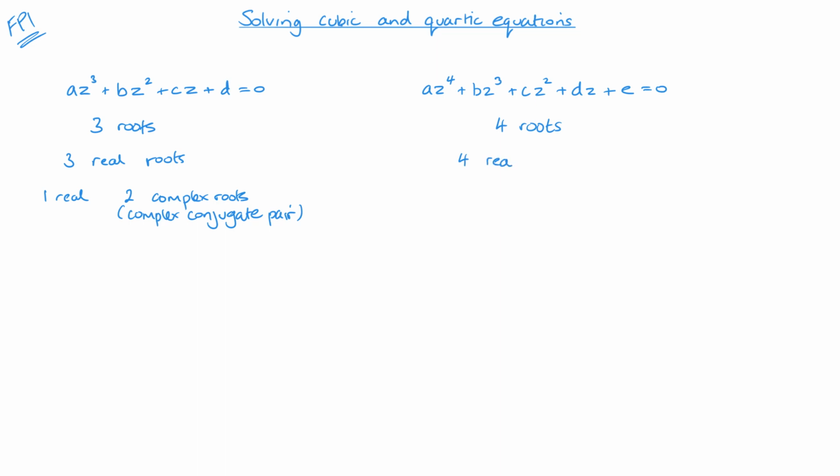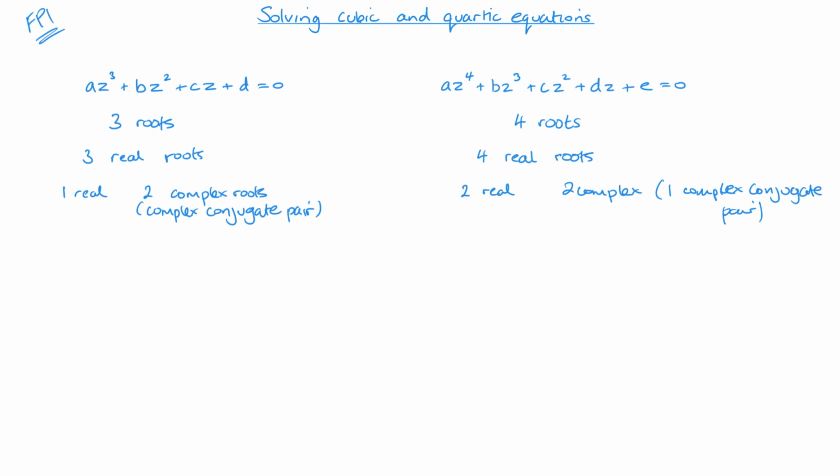But how we tend to do this within our further maths, which involves the complex numbers, is that you're likely to get either two real roots and two complex roots, which will be one complex conjugate pair, or you're going to get four complex roots, and this will be two complex conjugate pairs.